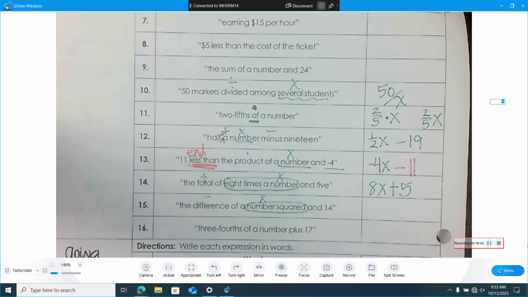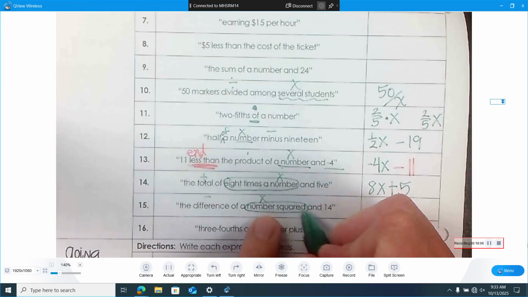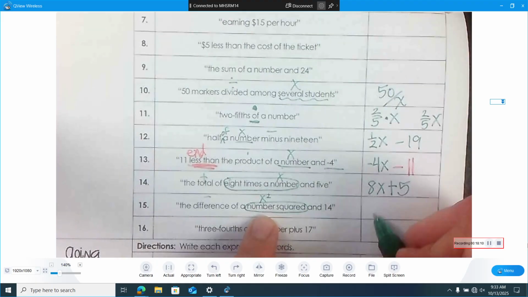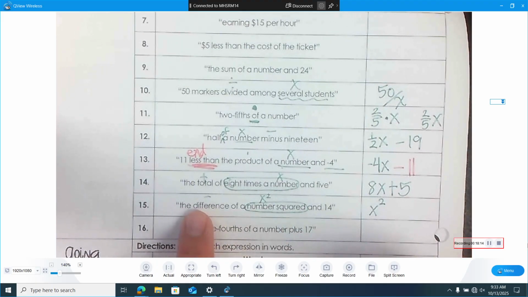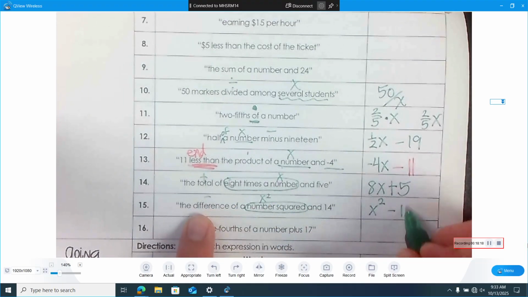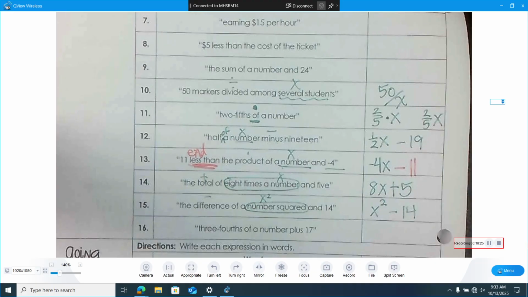Yeah, with the power of 2. So squared means it's got a power of 2. So we have a number squared, and then we want the difference of a number squared and 14. So we're going to subtract the two things there. That one goes in order.